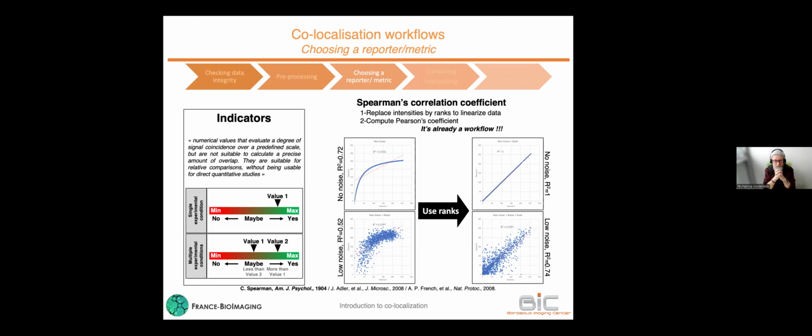What if instead of having this perfectly linear distribution with a certain spread between the intensities of channel 1 and channel 2, I get this kind of nonlinear distribution? Well, there is a trick where instead of taking the individual values, you take the rank of the value. This one is the first value, so I transform its intensity into rank 1.